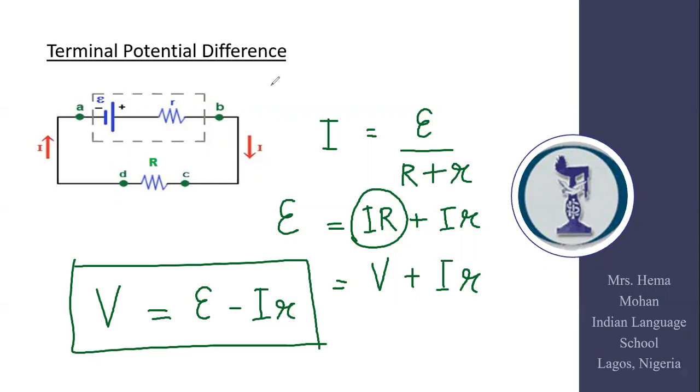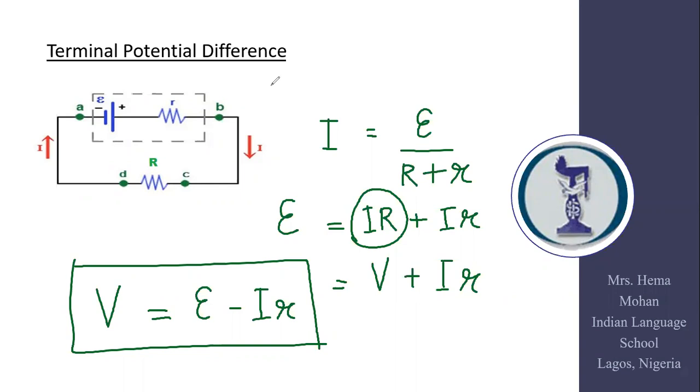Now, when current begins to flow through it, there is some resistance that is acting on it. And you can see here that the Ir term is subtracted, because internally the current flows in an opposite direction, and that reduces the drop across the terminals of the battery, and I get V is equal to E minus Ir.